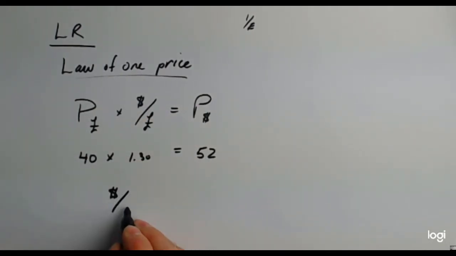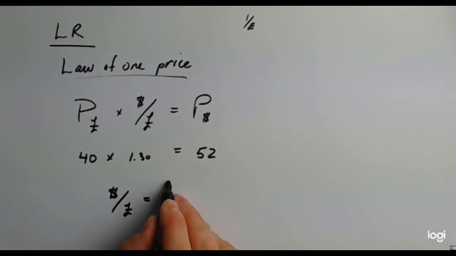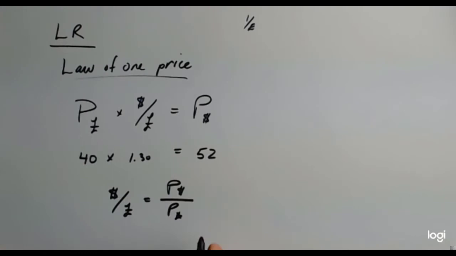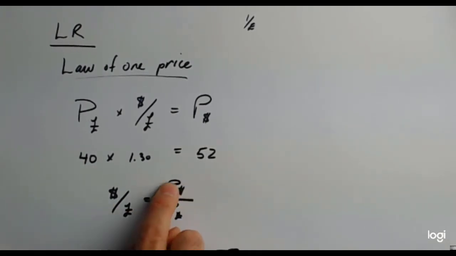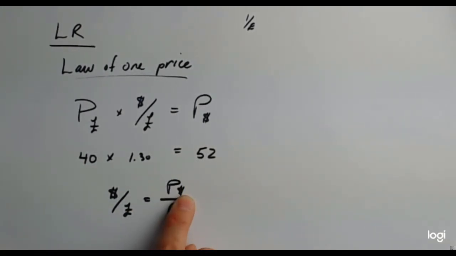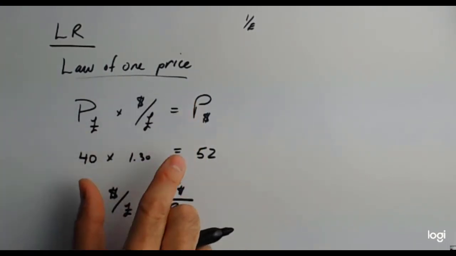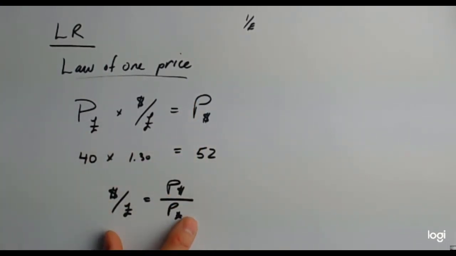So we got dollars to the pound equals the price in dollars over the price in pounds. So what we have is the exchange rate is a function of the relative prices. Okay. Now, this worked for a shirt. Why can't it work for an entire economy? That's what economists think. I mean, it's a heroic leap, but nevertheless interesting.